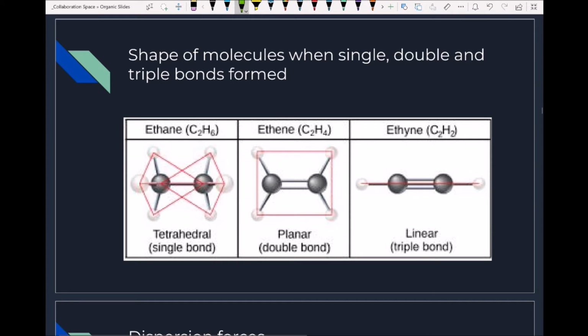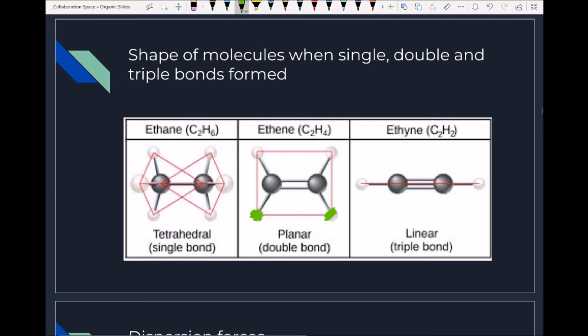Now, if we have a look at ethene, so our alkene, we've got less choice than with our alkane. But we've got a flatter, planar shape that's being formed here, and we still have the same ability to have that chlorine at different angles.